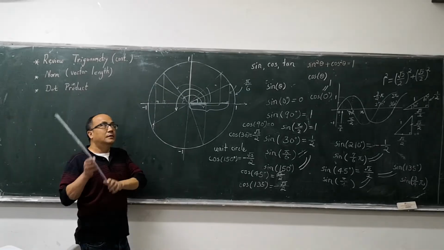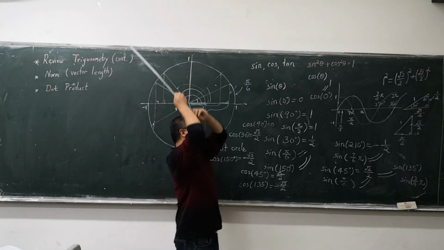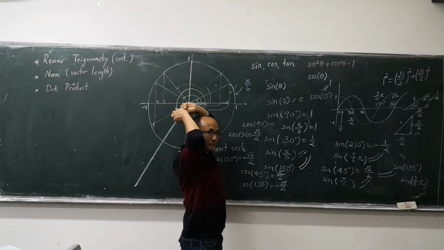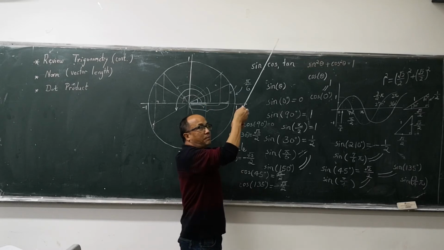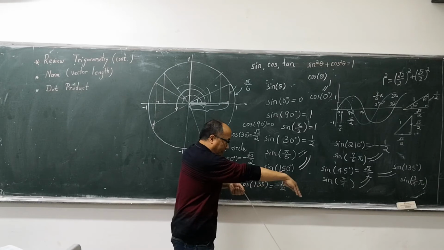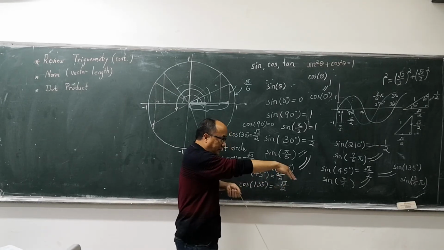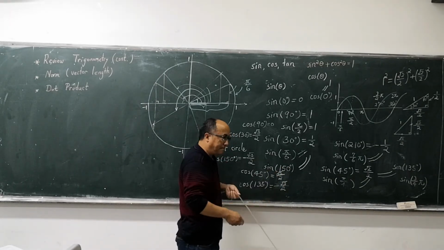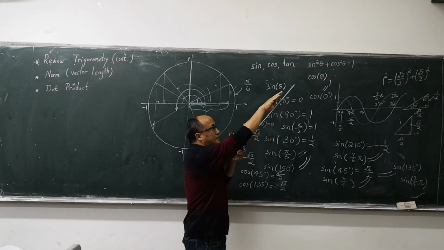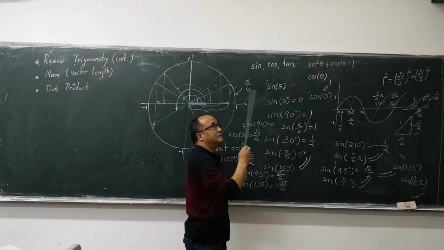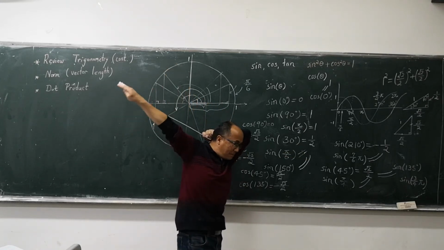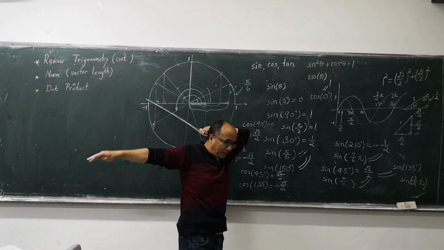This is positive. This is also positive, because the movie screen to me is in front of me. For sine, this is positive. This is also positive. It's on my back, but it's above ground.